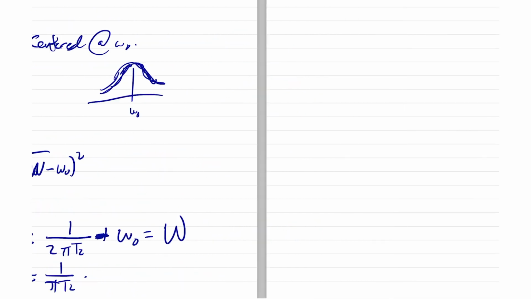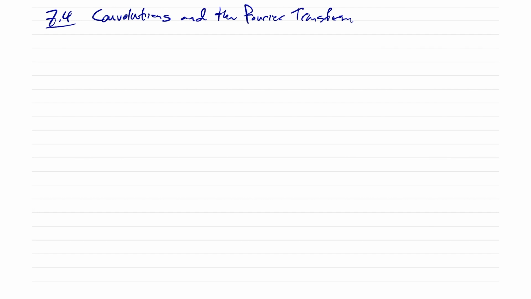Okay, so again, following Feynman, just to remind you, and I've already kind of reminded you of this, this is section 7.4, and it tells us that we're taking a look at convolutions and the Fourier transform. So basically, the big takeaway of this section is f convolved with g.